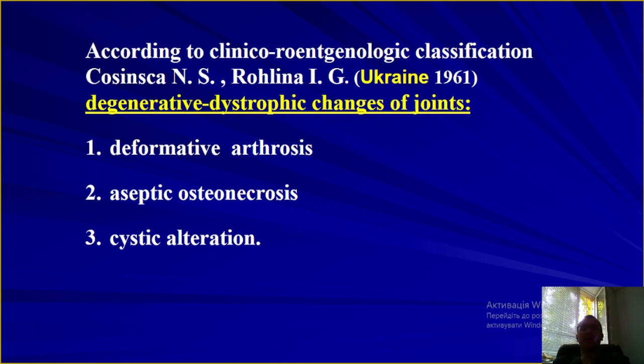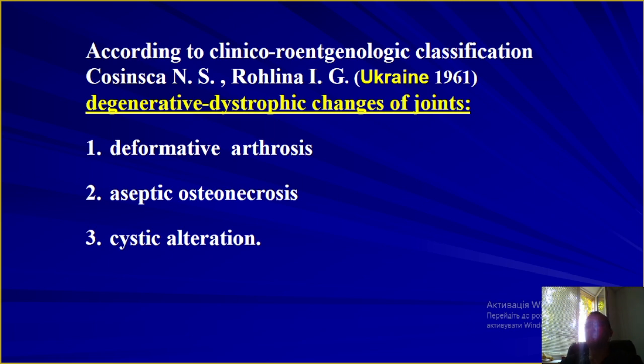According to the clinical roentgenological classification, which is established in Ukraine, we divide degenerative dystrophic changes in joints into three big groups: deformative arthrosis, aseptic necrosis, and cystic alteration or cyst formation. There are three groups which are different, but at the same time they are closely connected. When we are talking about these groups, we mention the primary focus of changes.